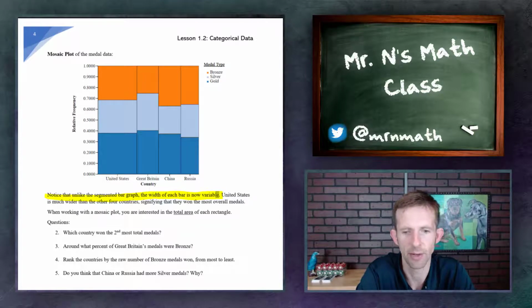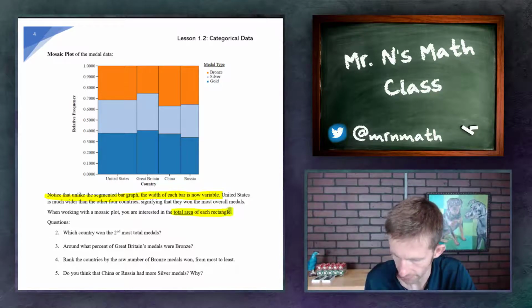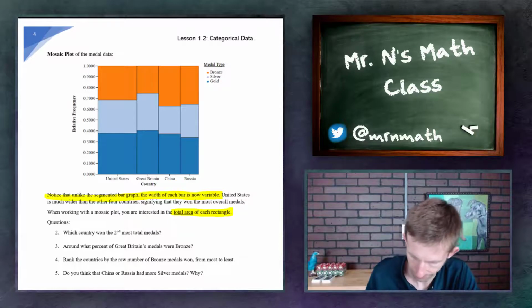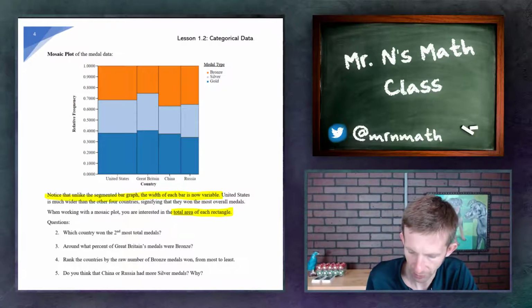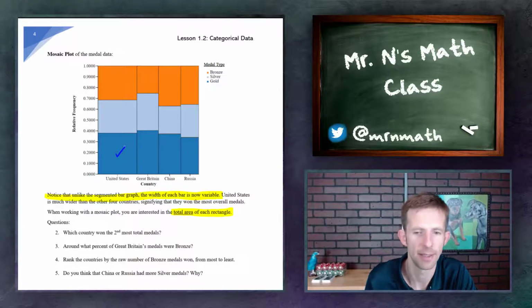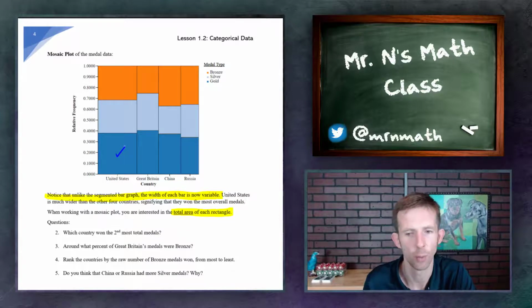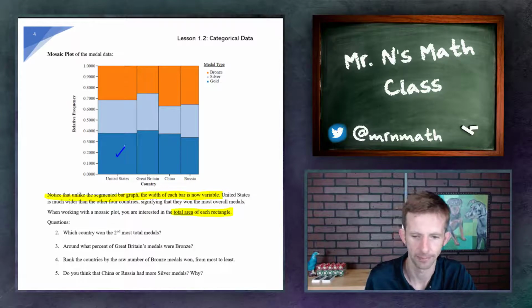United States is much wider than the 4 other countries, signifying that they won the most medals overall. When working with a mosaic plot, you're interested in the total area of each rectangle. So now I can tell, if I'm looking at gold medals, that the United States has the biggest area and thus won the most gold medals.